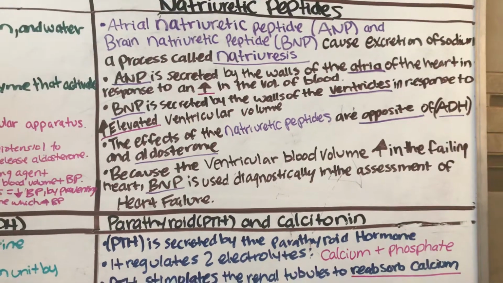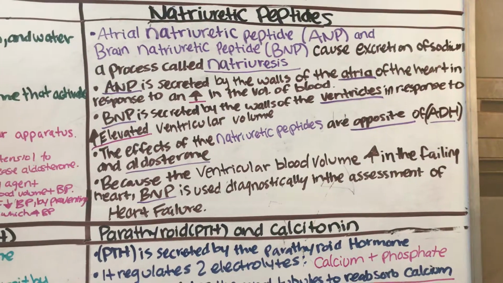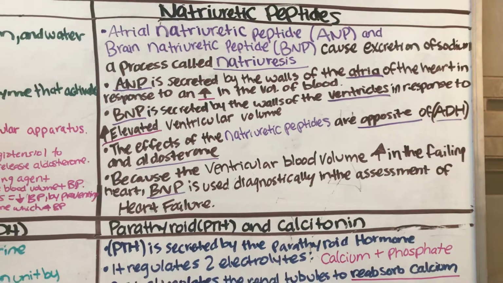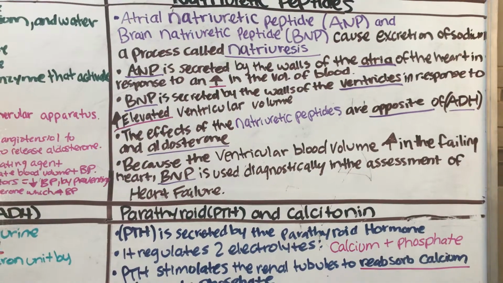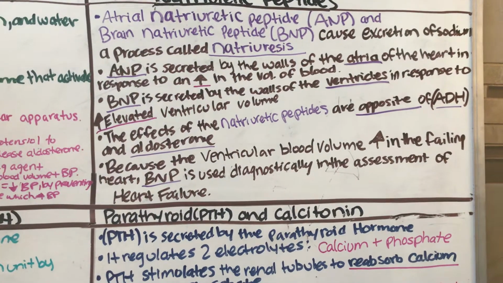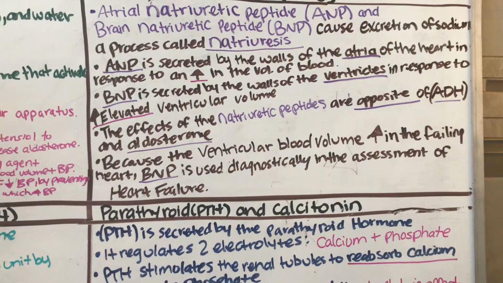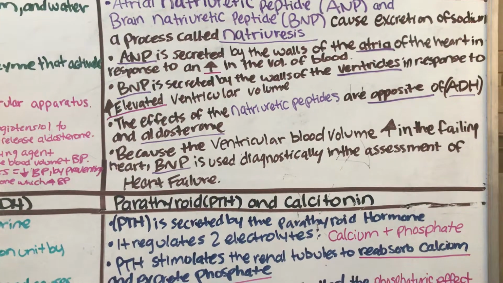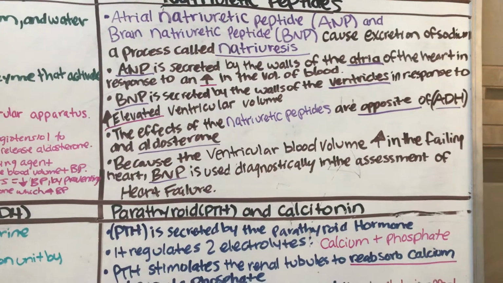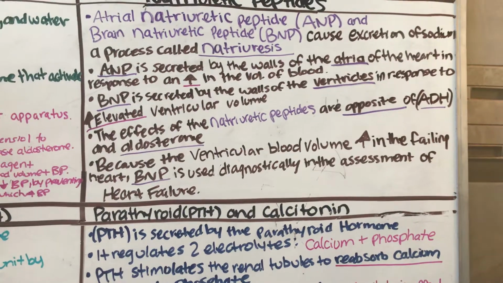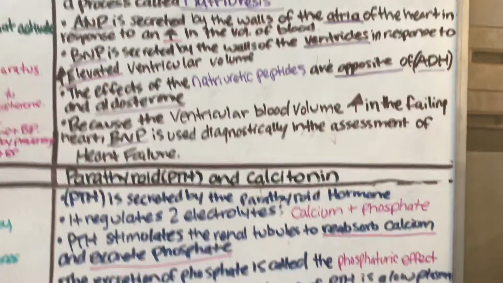The BNP is secreted by the walls of the ventricles in response to an elevated ventricular volume. The effects of the natriuretic peptides are opposite of ADH and aldosterone. Because the ventricular blood volume increases in the failing heart, BNP is used diagnostically in the assessment of heart failure.